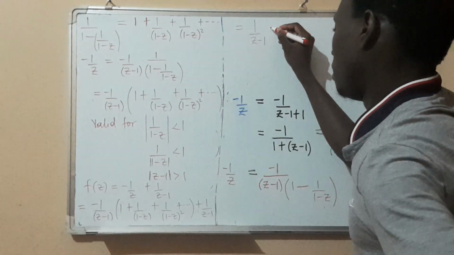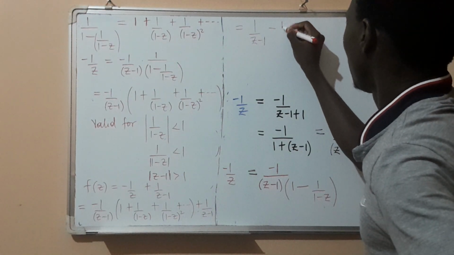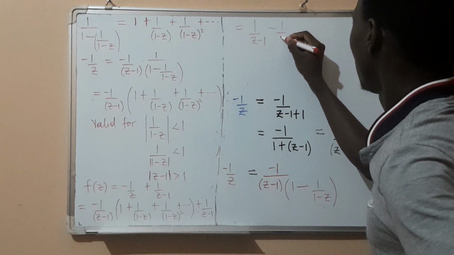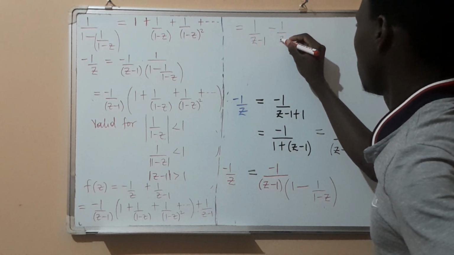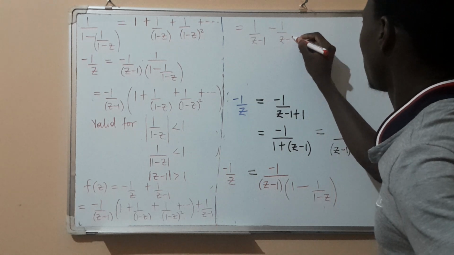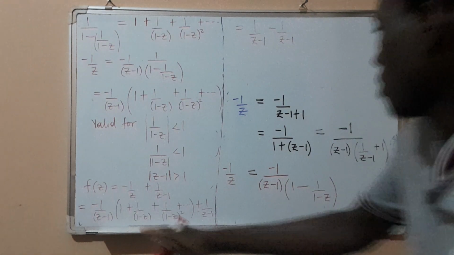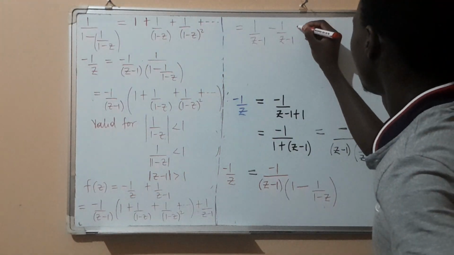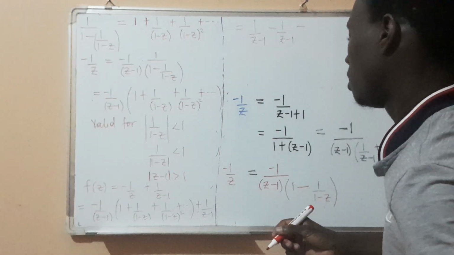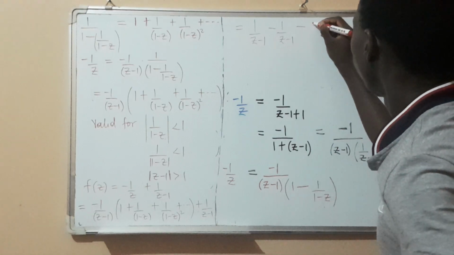Expand, we shall have negative 1 over z minus 1, open brackets, negative 1 over 1 minus z.